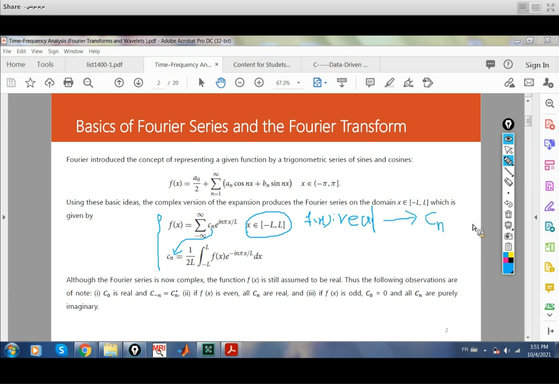We can prove it. I don't know if you saw this before or not, but we can prove it. Besides, if we have f(x) real, or for example even, do you know the even function?